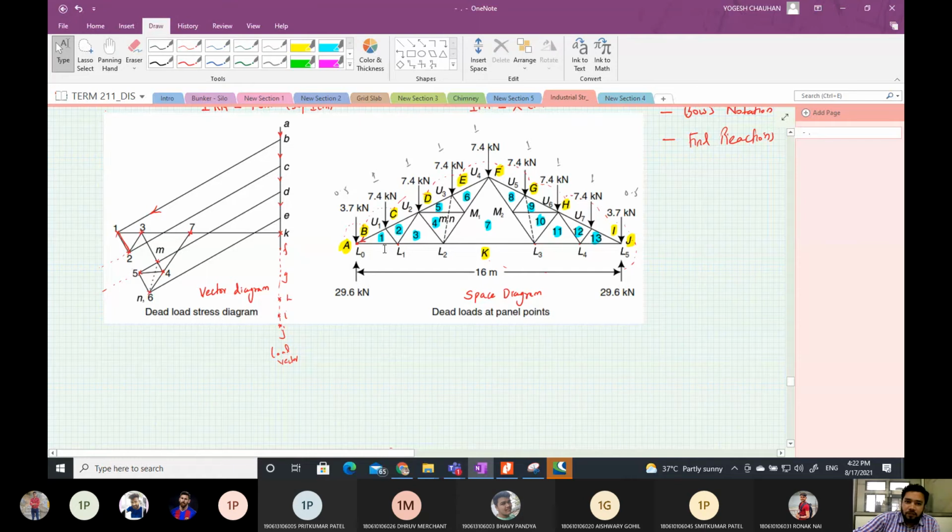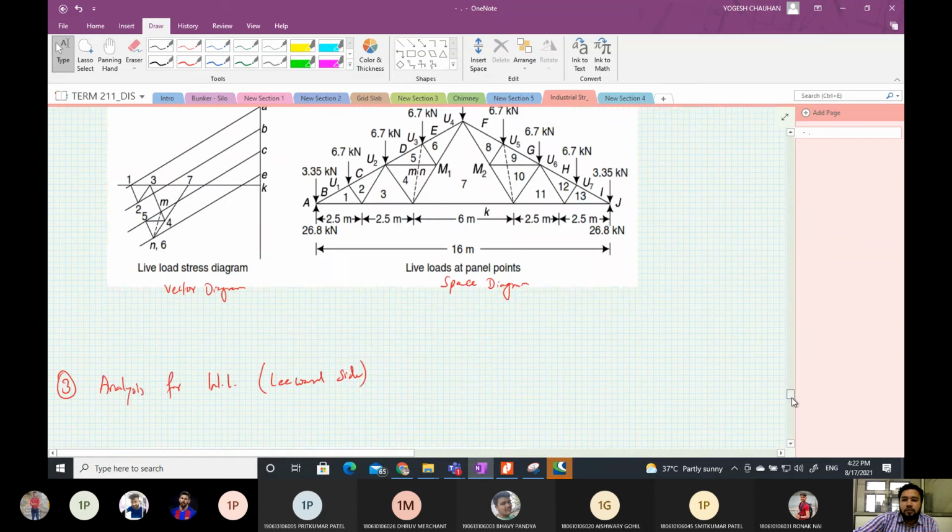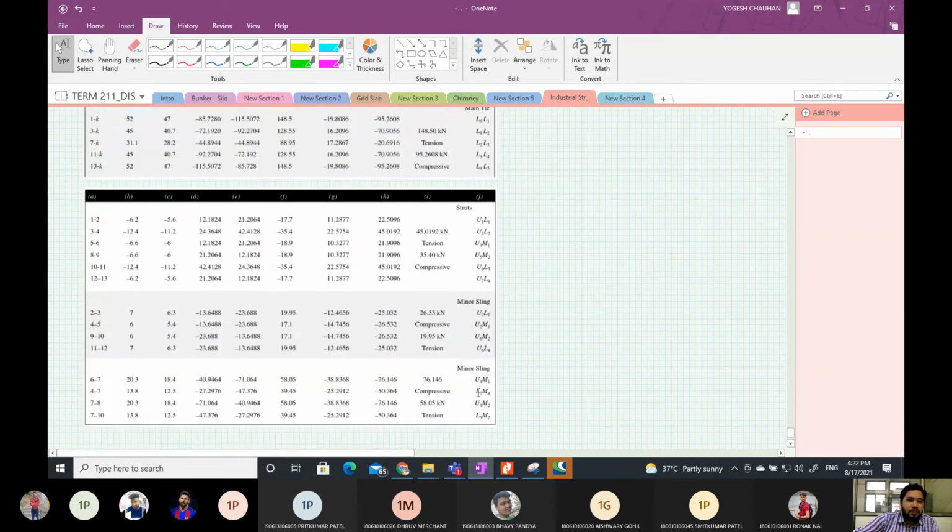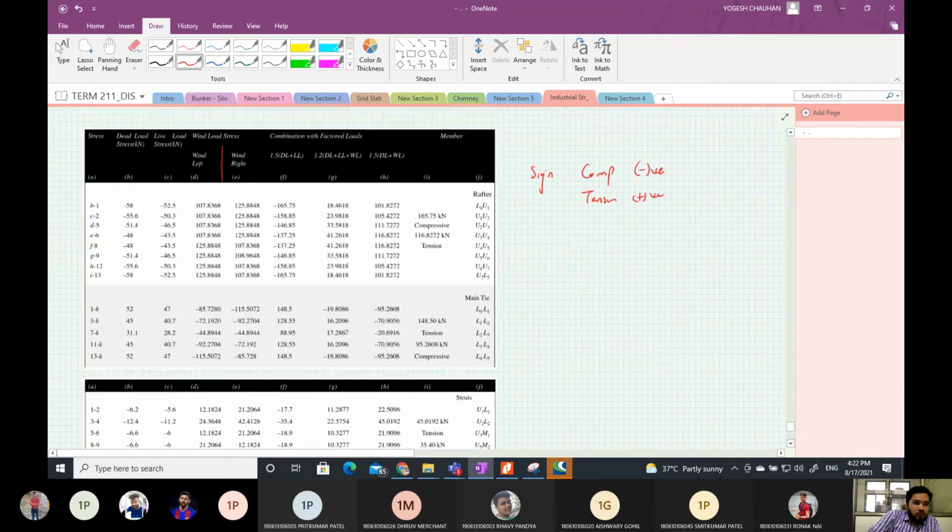Then similarly this K1, K3, K7, K11, K13, they are the members of the main tie. So you can group them together and have a single member. So these are all the members of the principal rafter. These are 1K, 3K, 7K, 11K, they are the main tie.